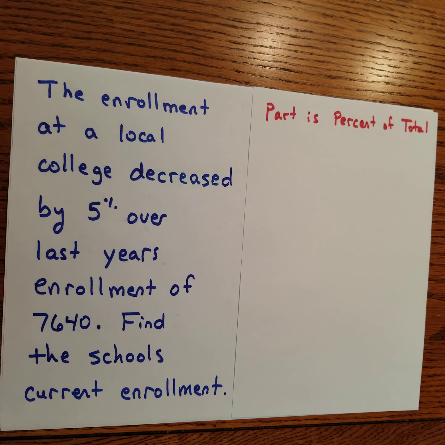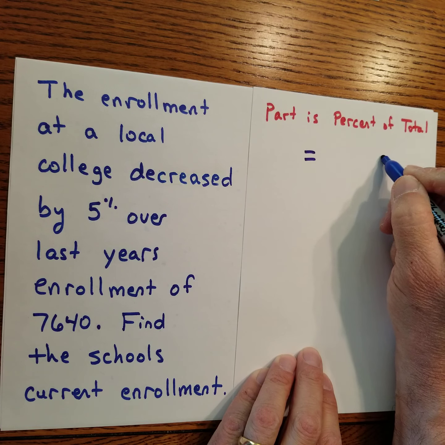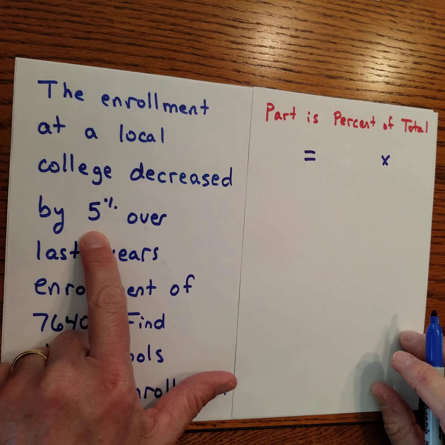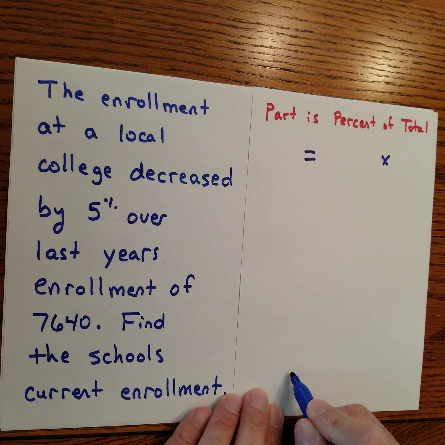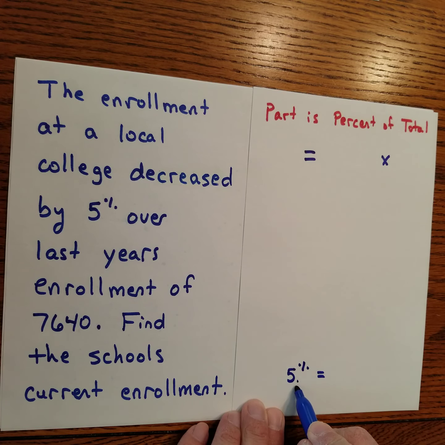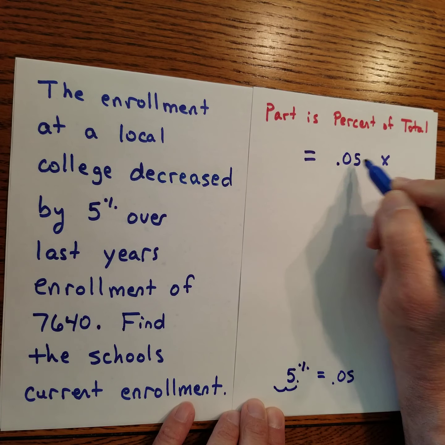Let's fill in our formula. Is equals, of is times. 5%, when I put that in my calculator, I want to put in 5% so that it looks like a decimal. Let's move the decimal point and call that 0.05. 5% goes in the formula as 0.05.